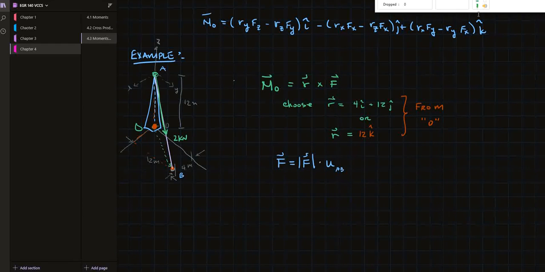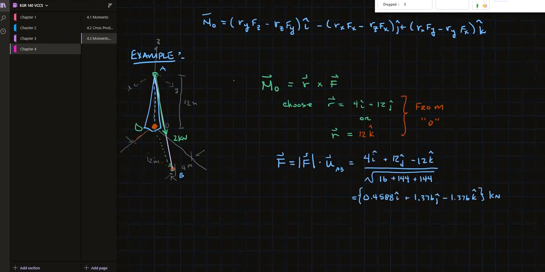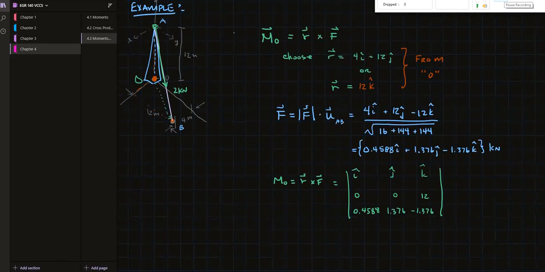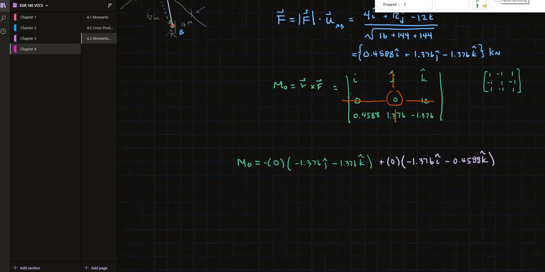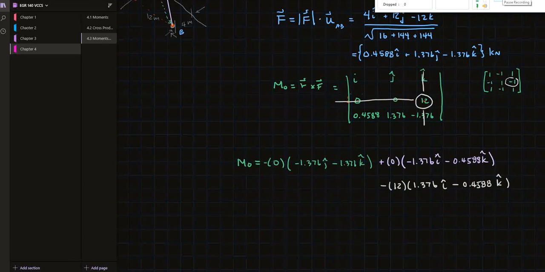Added some letters, so now we have a unit vector here, and here's the vector. Here's the determinant I must solve. Recall these lines for the signs of our cofactor. This will be my first term. That's my second term. And here's my third term. And here's my final answer.